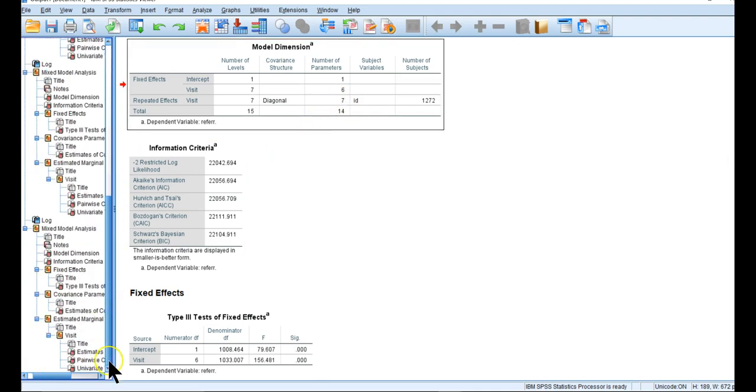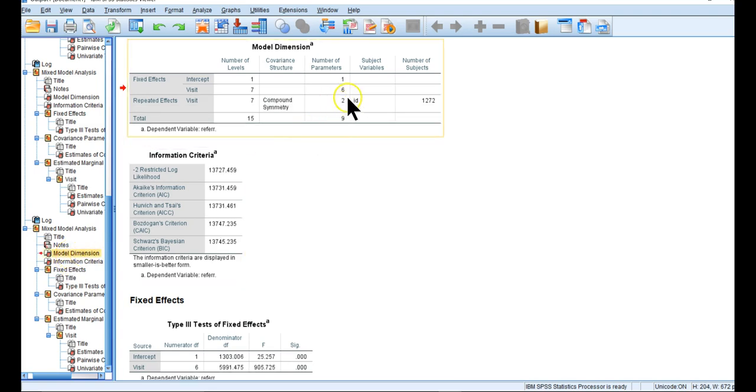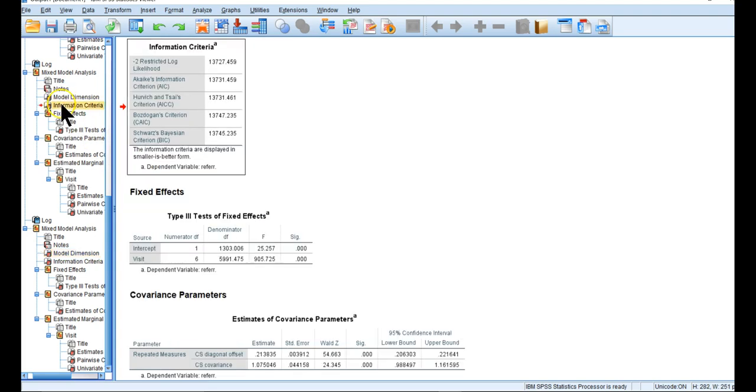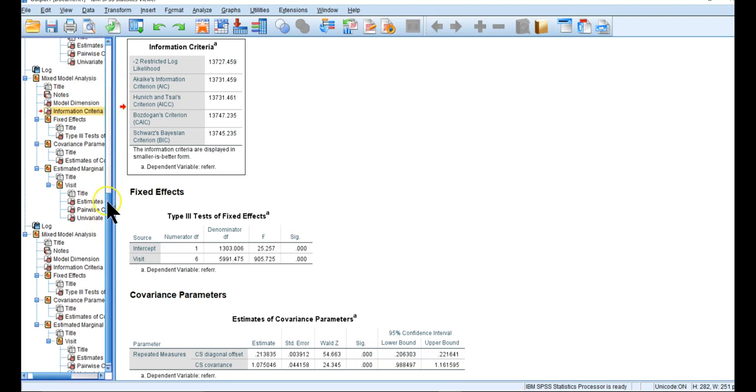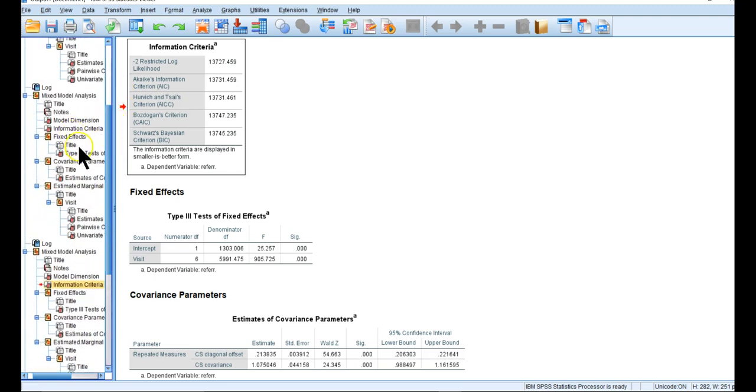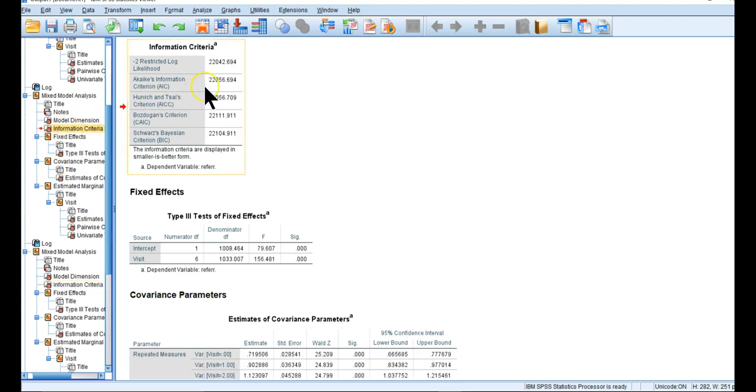Here we have 2 because we have this central diagonal plus the sigma 1, which was the covariances. And we're down to 13,731. That is a big improvement over the diagonal, which is 22,000.